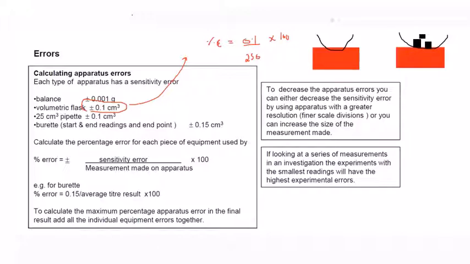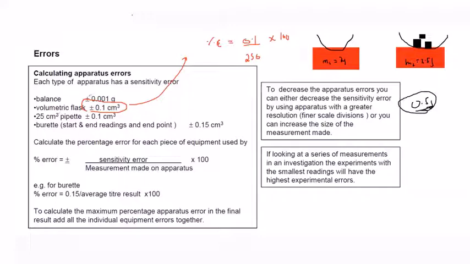For example, mass 1 was 2 grams and mass 2 was 2.5 grams. So what is the mass of the salt which we used? 2.5 minus 2, which is equal to 0.5. That's the value which we record.